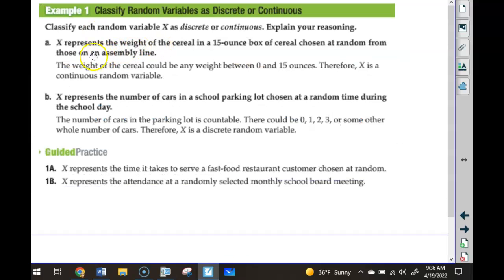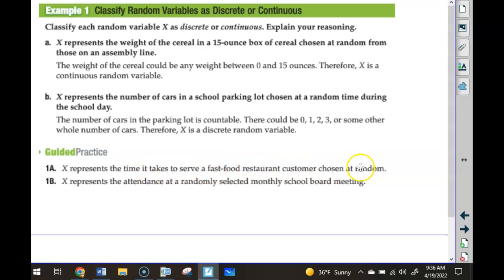So, a box of cereal comes off the assembly line, that would be continuous because they could measure it to the nearest ounce or tenth of an ounce, etc. Number of cars in school parking lot, that's going to be measured in whole numbers, so that is a discrete variable. Here are my two examples that you don't have.